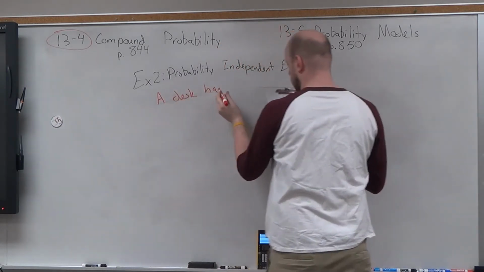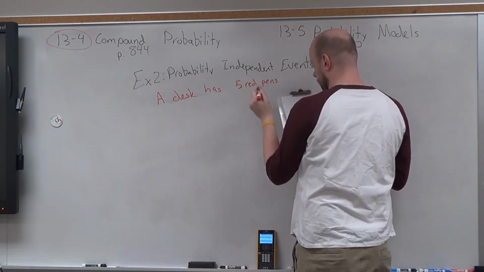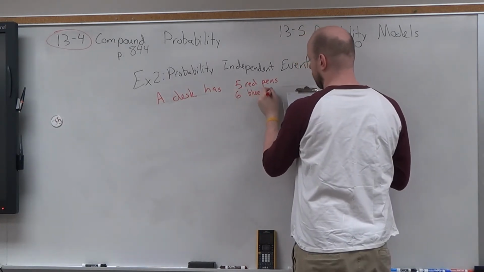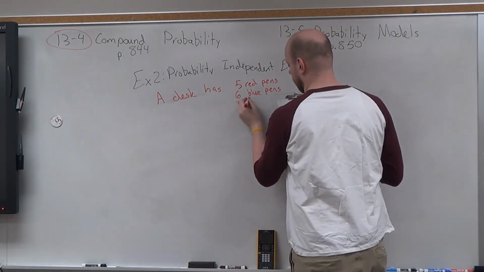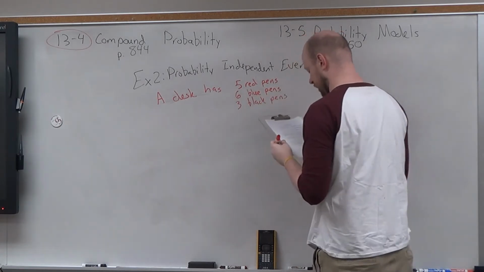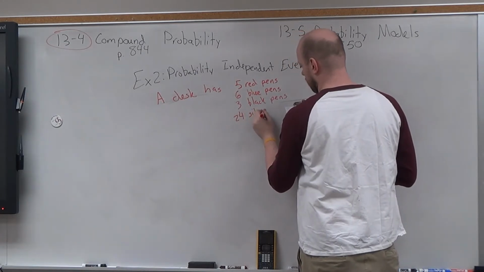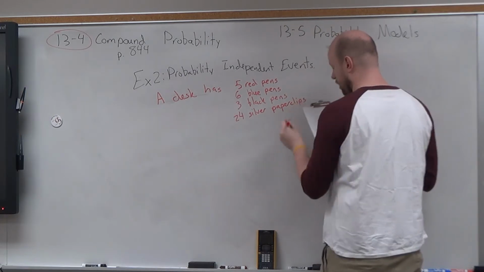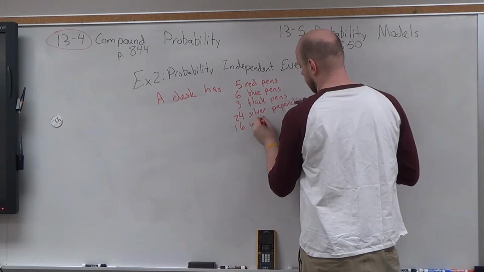A desk has 5 red pens, 6 blue pens, 3 black pens, it has 24 silver paper clips, and then also has 16 white paper clips.